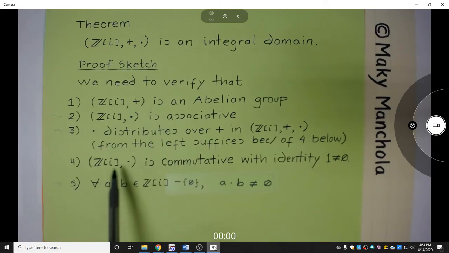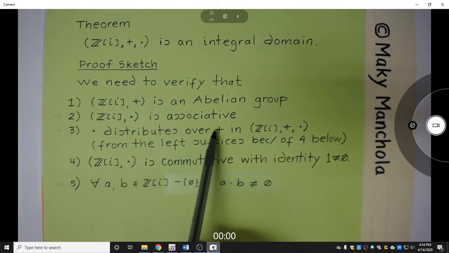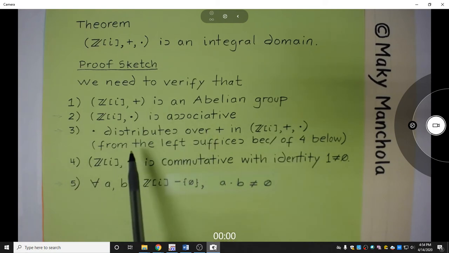So the Gaussian integers under multiplication being commutative allows you to check the distribution from the right and from the left by just verifying either one of them.